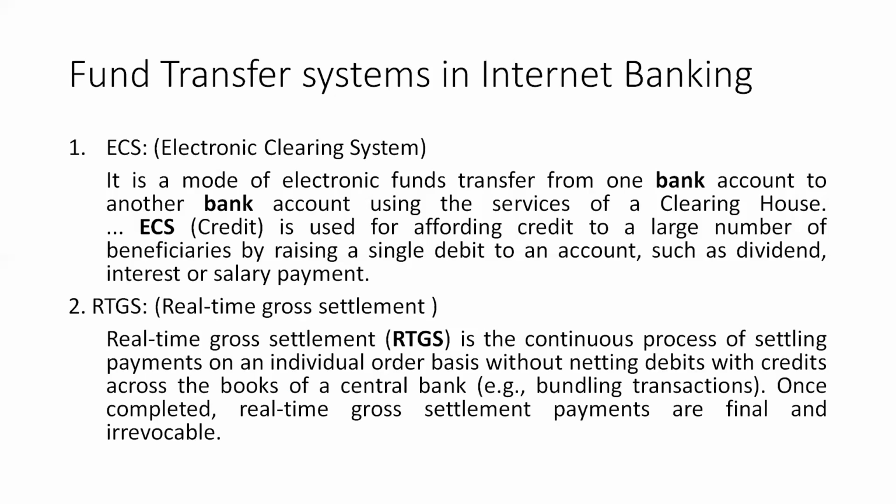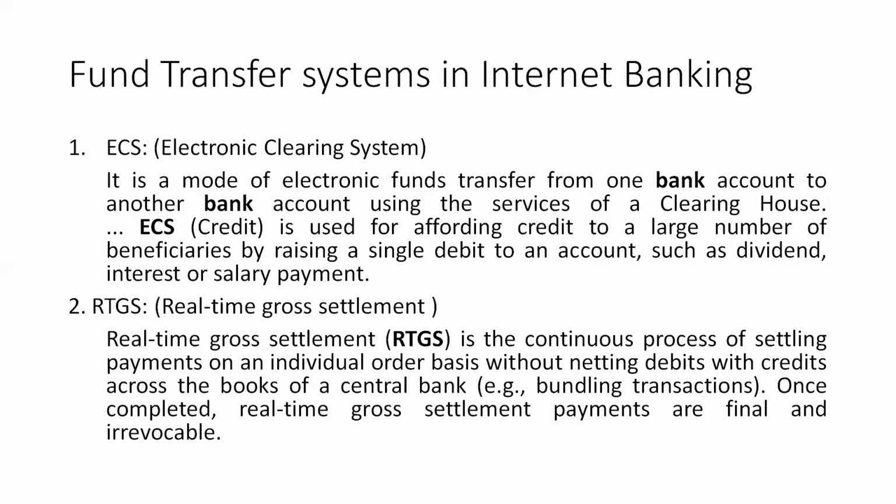So it is the continuous process of settling payments on an individual order basis, without netting debits with credits across the books of a central bank. That is the opposite of bundled transactions. Here, you need not wait. Once the customer approaches the bank under the RTGS facility, within a fraction of a minute the money is transferred from one account to another.